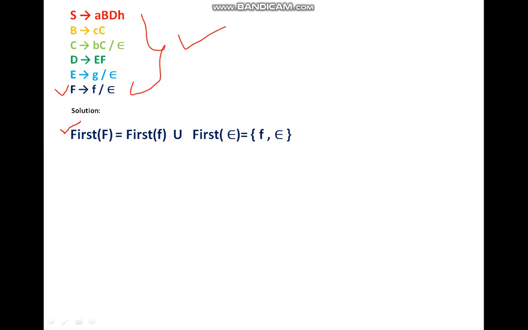First of F equals first of small f union first of epsilon. You can see here we have been given two terms, small f and epsilon. So first of F would be the union of first of the string small f and first of epsilon.